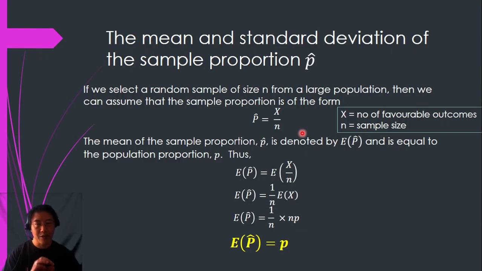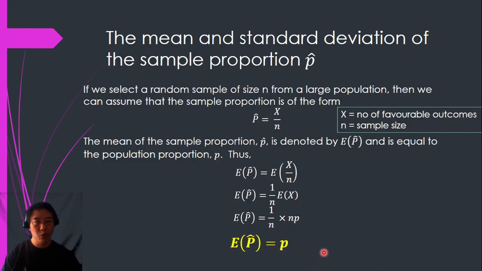So that's confirming what we did in the example before. How do we get there? p hat is defined as x, your number of favorable outcomes, so it's the number of students attending school, divided by the sample size. That is a linear combination of a random variable. By doing some manipulation here, we ended up with p.